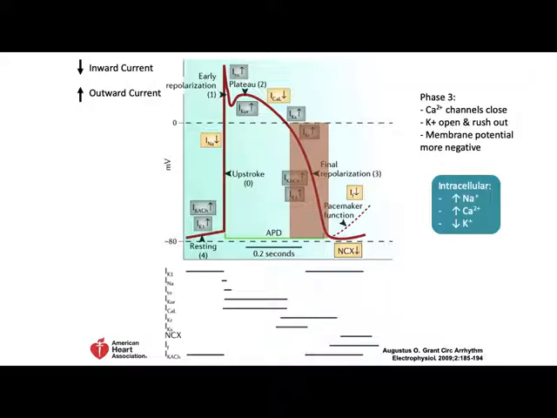Removing positive charged ions from inside the cell makes the membrane potential go down. If we opened up sodium channels and let more in, membrane potential would go up. We don't want that. If we let more calcium in, membrane potential would go up. We don't want that. So we open potassium channels that allow potassium to run out to initiate this drop in membrane potential, this final repolarization.